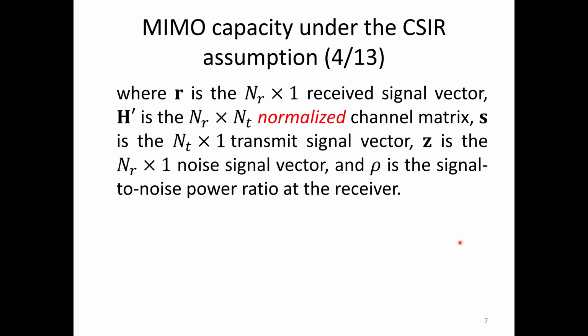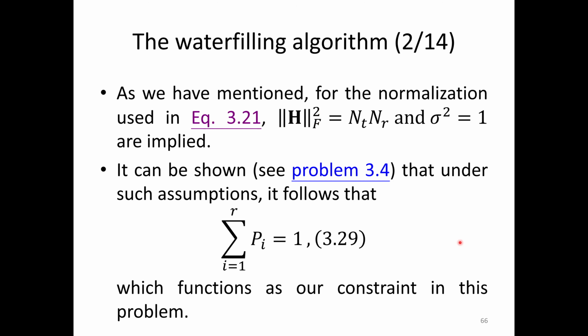Let us go back to page 66. The square of the Frobenius norm of H is equal to NT times NR, where NT is the number of transmit antennas and NR is the number of receive antennas, and sigma square is equal to 1.